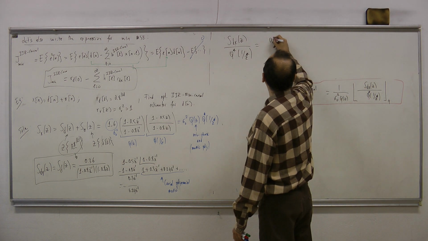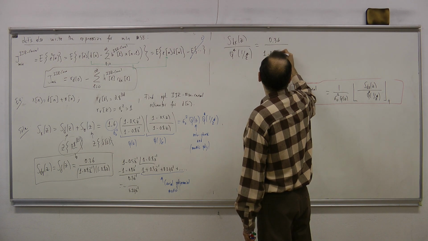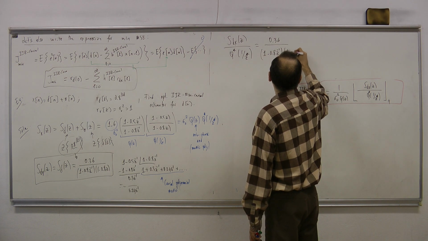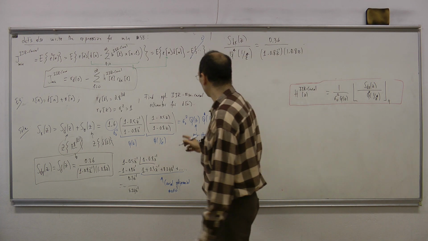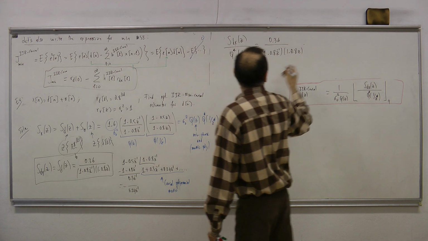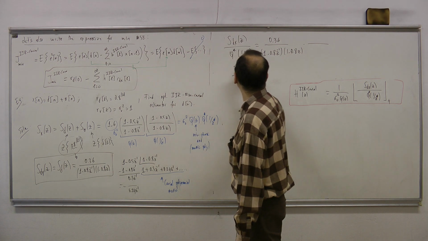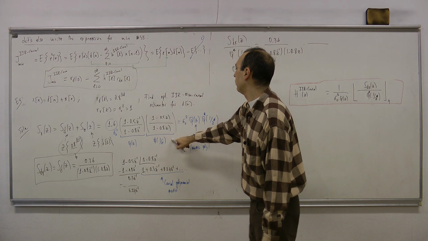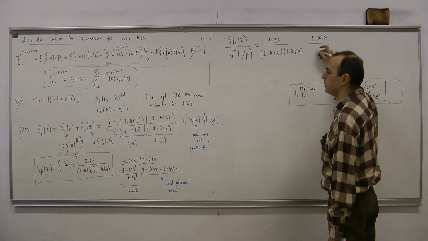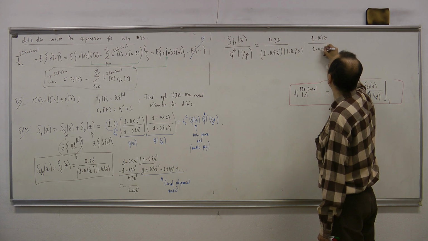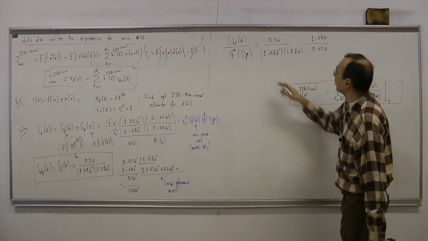What do I have? 0.36 times, so this is Q, but I need 1 over Q, and actually I need 1 over this: 1 minus 0.8 Z, 1 minus 0.5 Z. Am I correct?